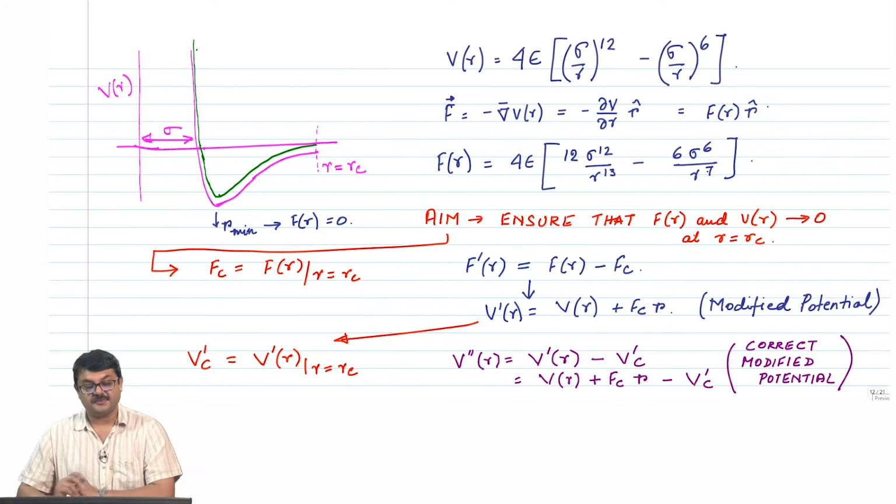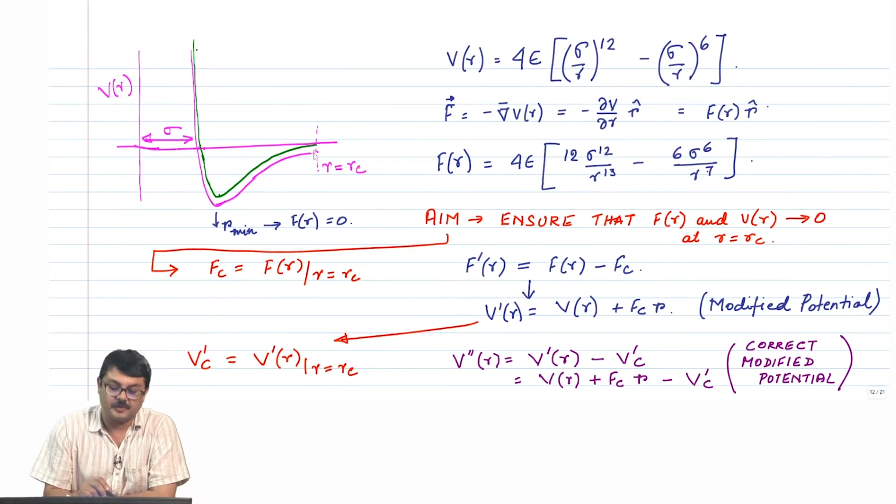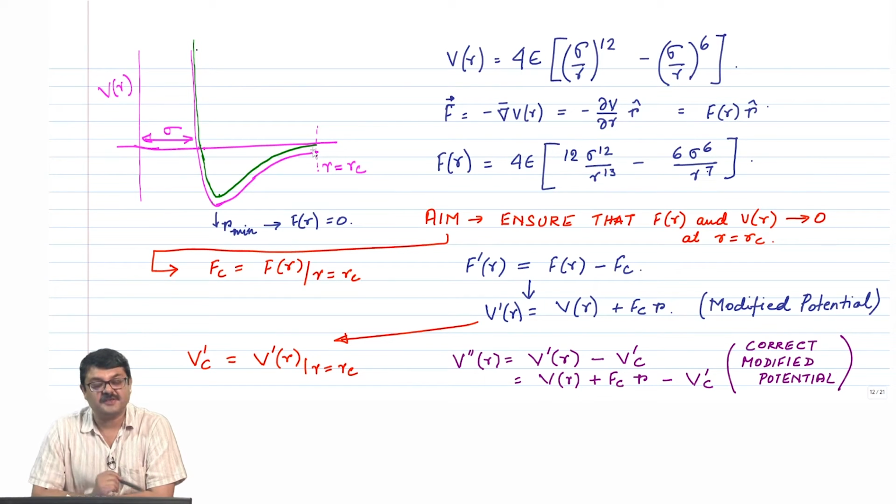So, in the last class, if you remember, we were discussing that if we cut off the potential at r equal to r c, what you would get is a discontinuity of the potential here, but you could then shift the potential so that it goes smoothly to 0, but still the force does not go smoothly to 0.